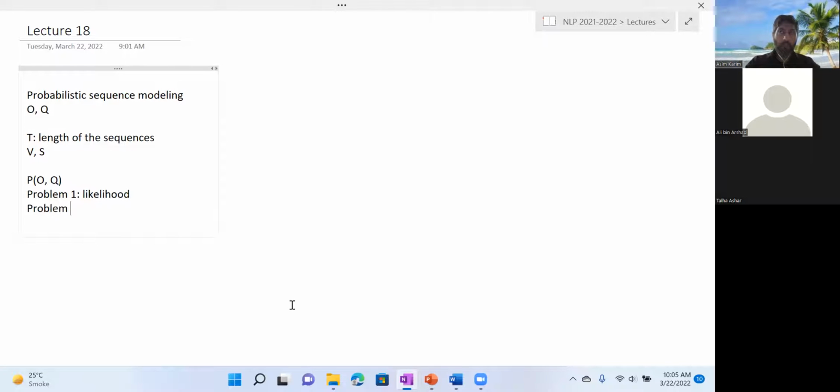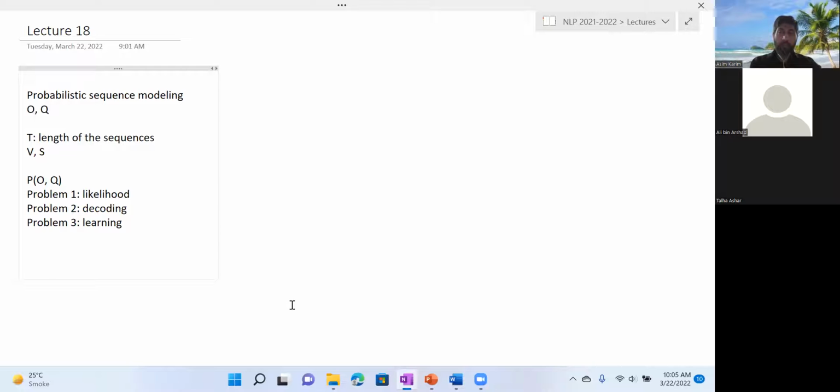Problem 2 was a decoding problem. And problem 3A and 3B were the learning problem. We discussed all of this last time, and we'll return to this later and discuss the decoding problem in more detail, its solution in HMM.